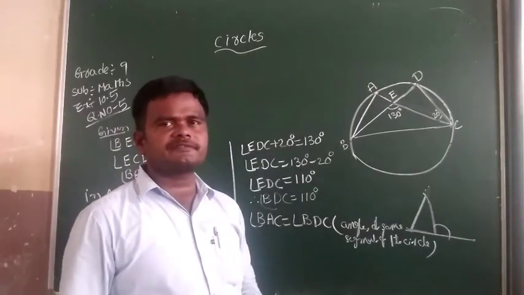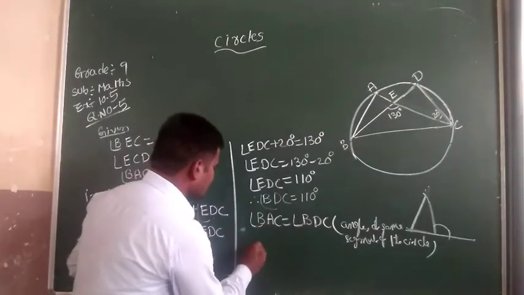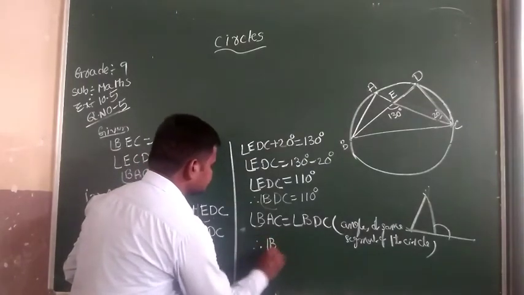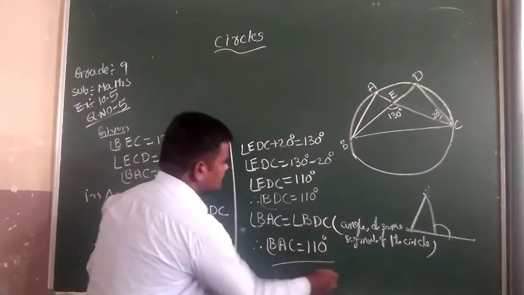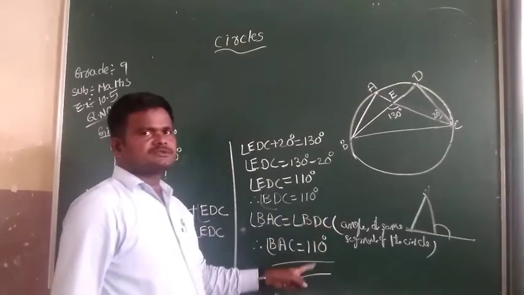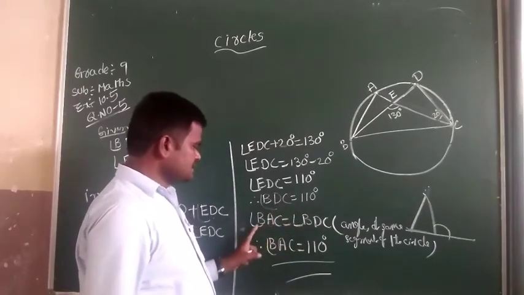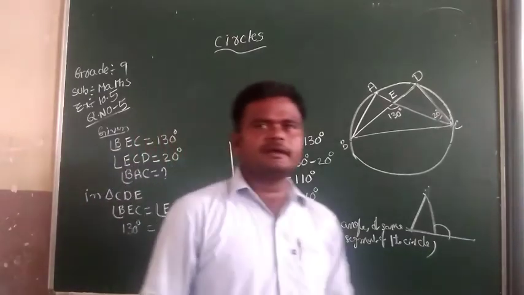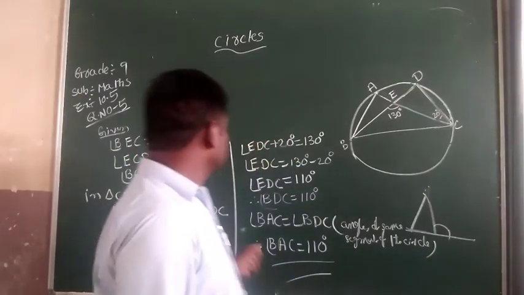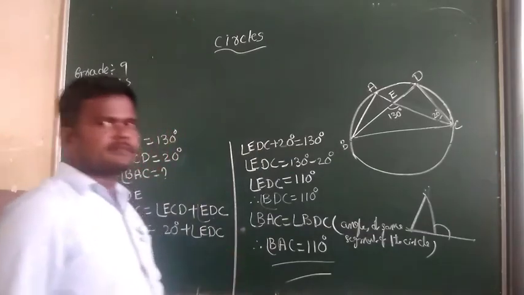Angles in the same segment are equal. So therefore angle BAC equal to angle BDC. Angle BDC equal to 110 degrees, so the same here, angle BAC also 110 degrees. This is the solution of problem number 5.